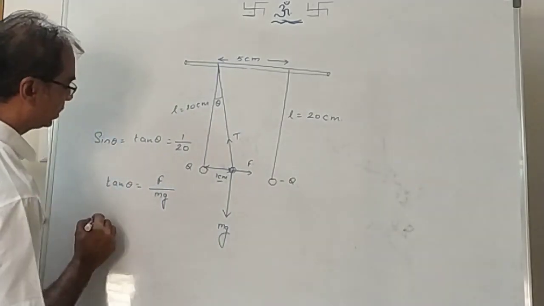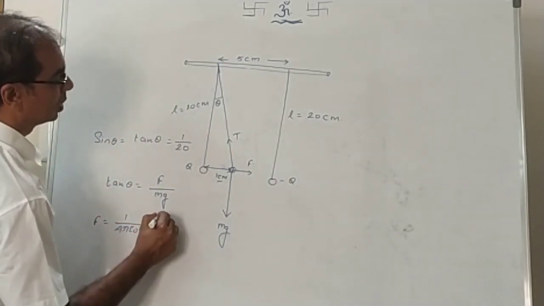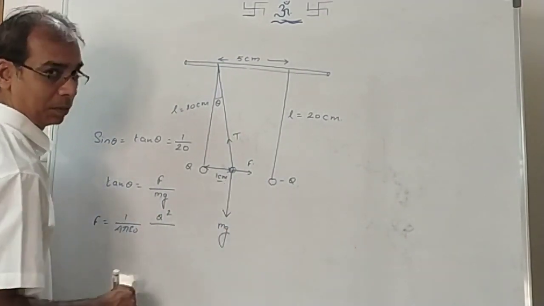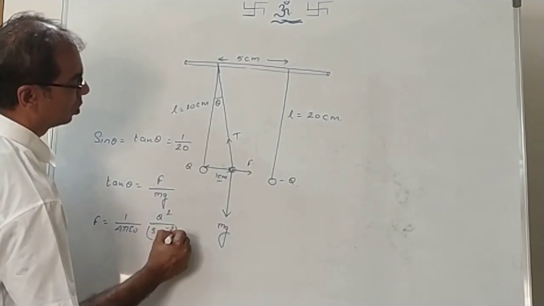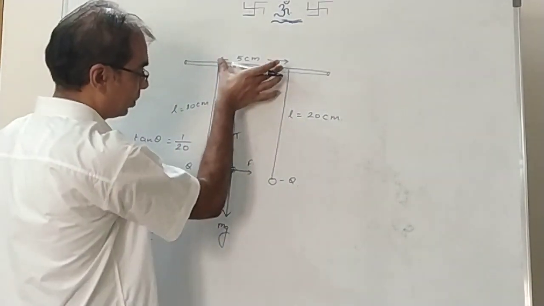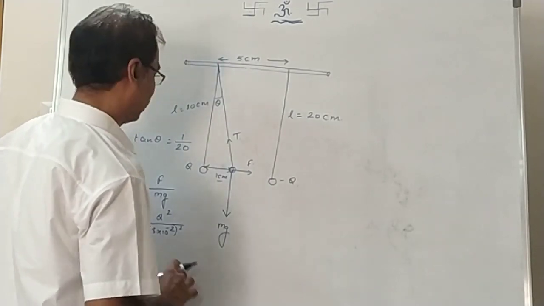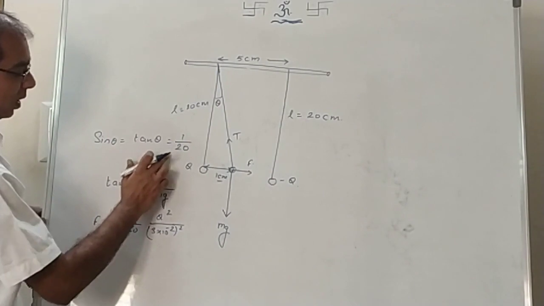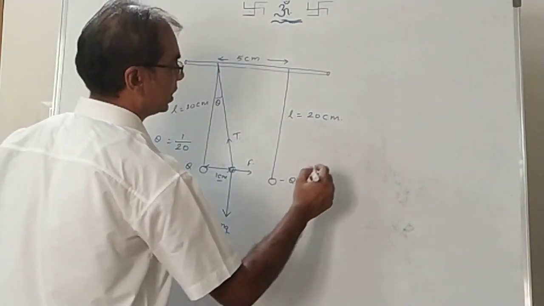F is 1 by 4 pi epsilon naught q square by the separation squared. How much is the separation between the two? 3 centimeter, so 3 into 10 to the power minus 2 whole square. Is it clear? In equilibrium, the initial separation was 5 but now it is 3 centimeter, as given in the question itself. This is F. Tan theta value we already have, so let's put it over here. Tan theta is 1 by 20.